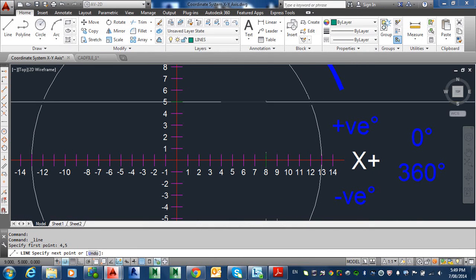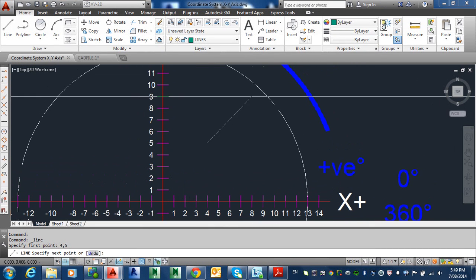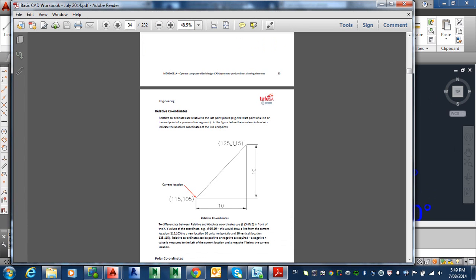All right, so here it is. And then to finish off this line, I might have been given another number, like here, for example, and you just put that number in. It just so happens that, in coordinate terms, that top number is 10 bigger than the previous number, both in the X and the Y.